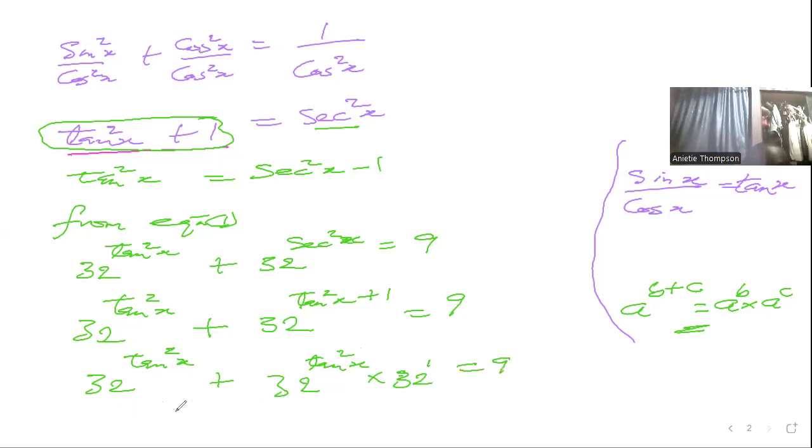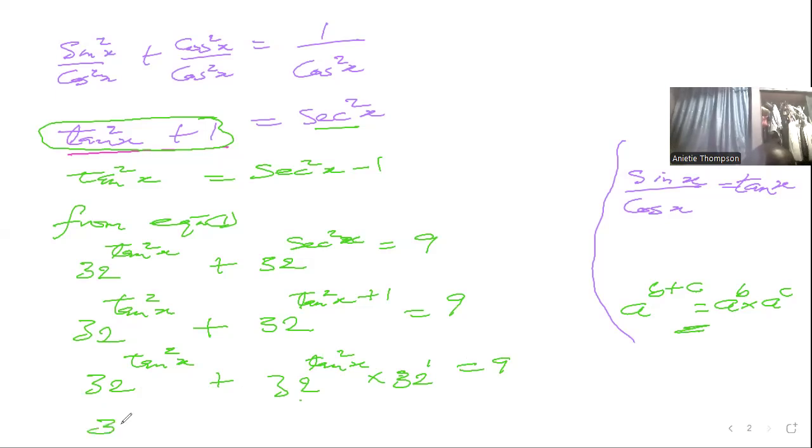At this point, you can see we have a common factor in both the first term and the second term of the left-hand side expression. So I'm going to factor out what is common.